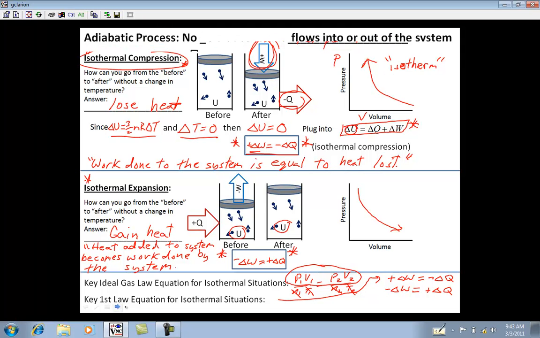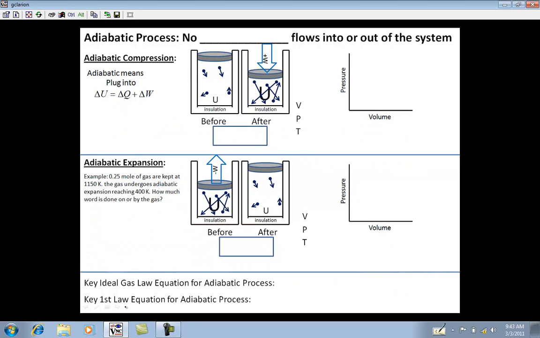Okay. So let's check out the next one, the adiabatic process. An adiabatic process means that there is no heat that flows into or out of the system. Yeah, I'm sorry for how those were stapled. Okay?